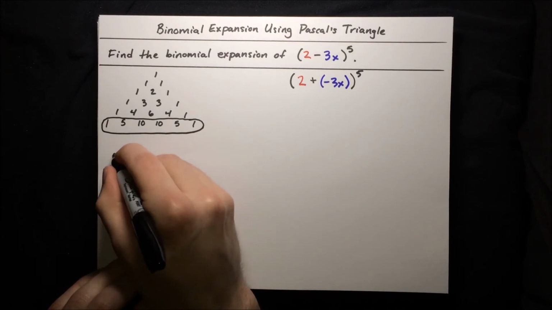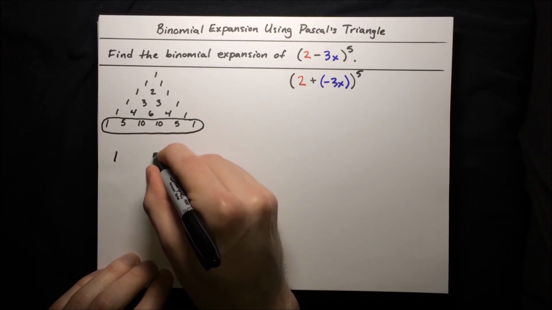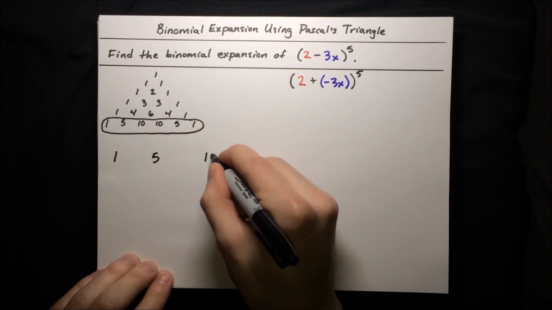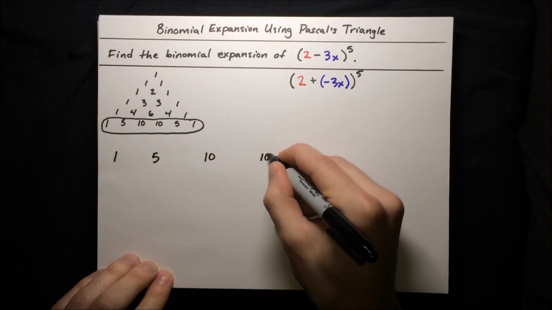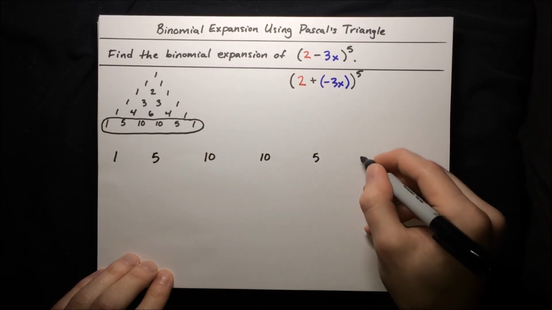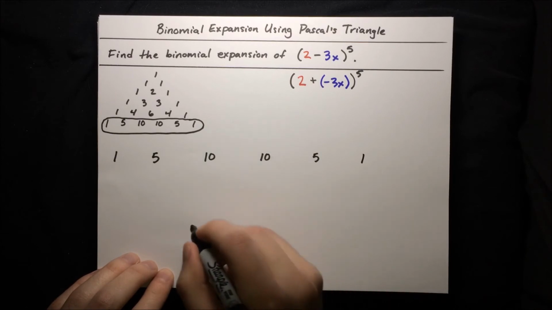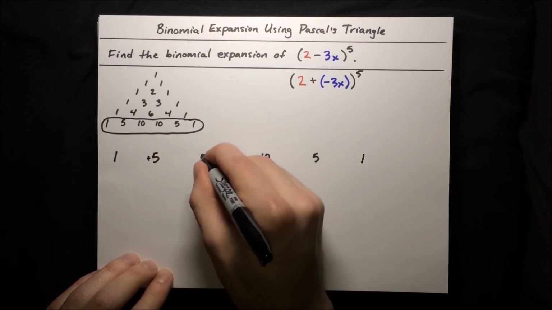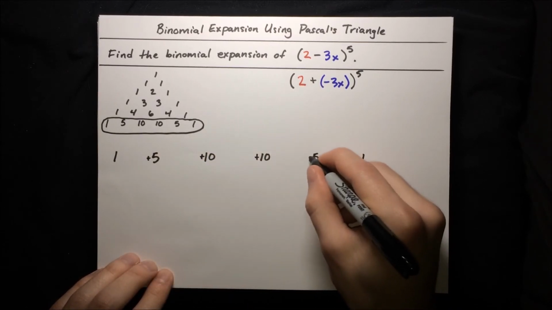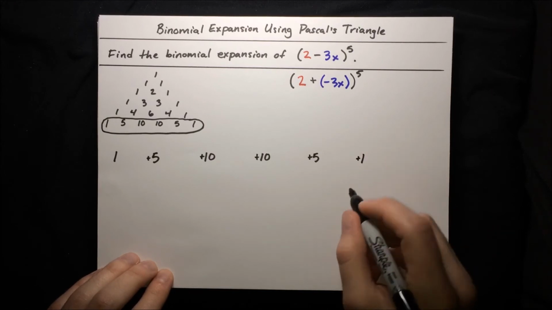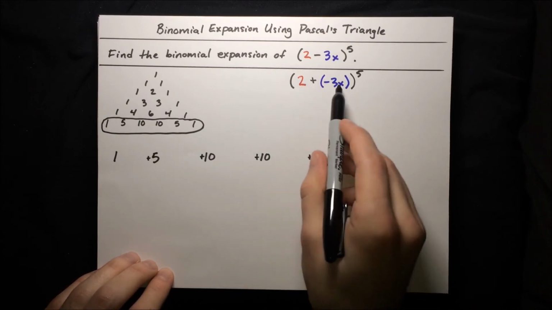Let's write them out. So 1, and then 5, and then 10, and then 10, and then 5, and then 1. And we're going to be adding up all of these, but we're leaving some space because we have to write down the multiples of these terms here.